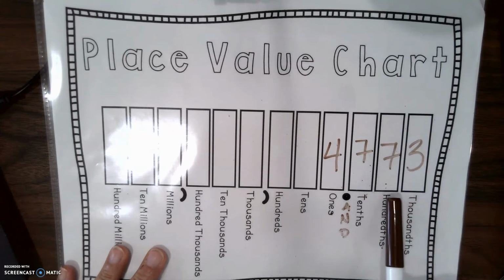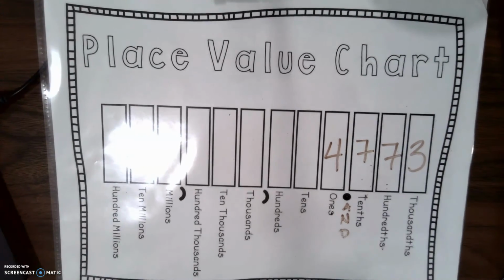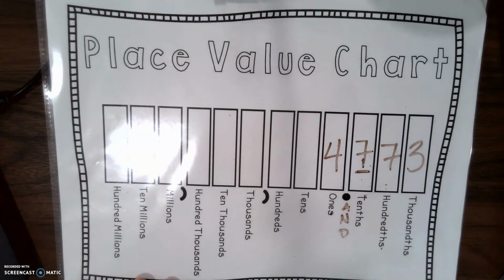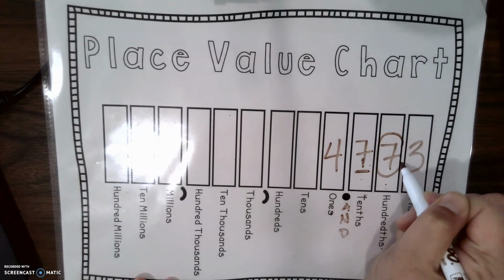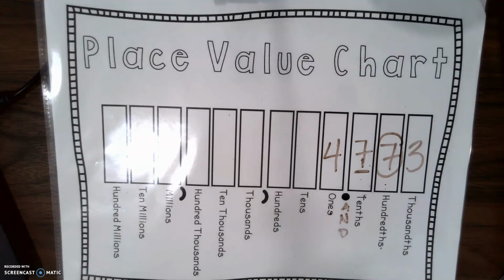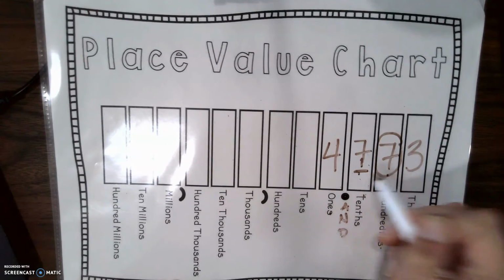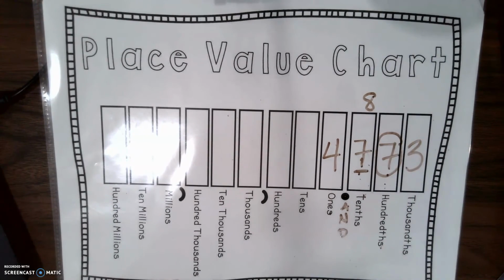So I go to the blank where it says tenth, okay, and find the place, which is my tenth spot. Look next door, all right, 5 or more, which it is, raise the score, okay, so I'm going to turn that into an 8.